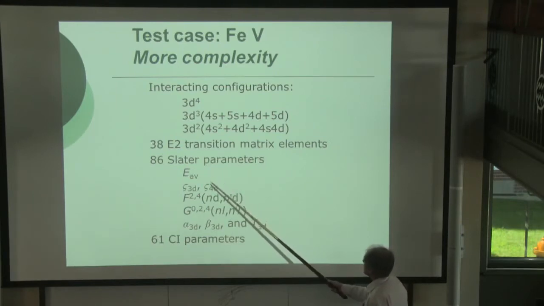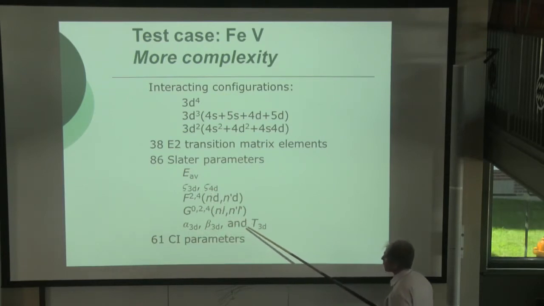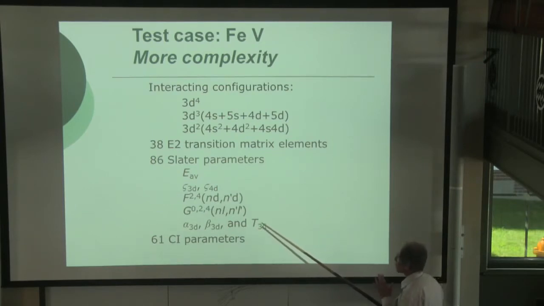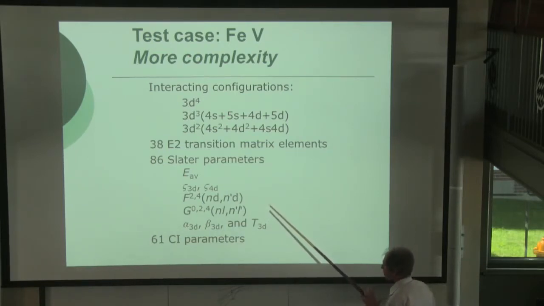The Slater parameters are average energy, some electrostatic integrals, and some effective parameters describing configuration interactions not included explicitly in the model, like core correlations and core valence.